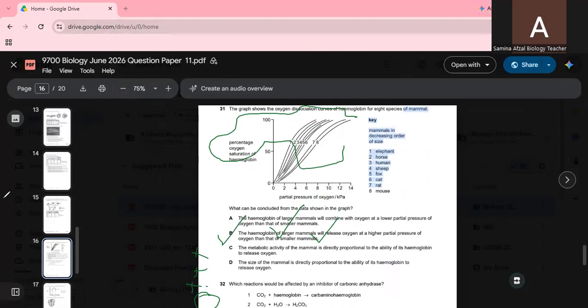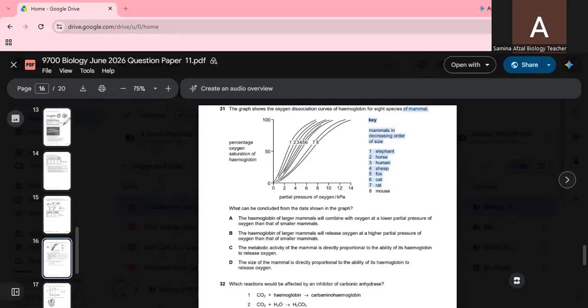The graph shows the oxygen dissociation curve of hemoglobin for 8 species of mammals. Here you can see they have shown the 8, so which can be concluded from the data shown in the graph.